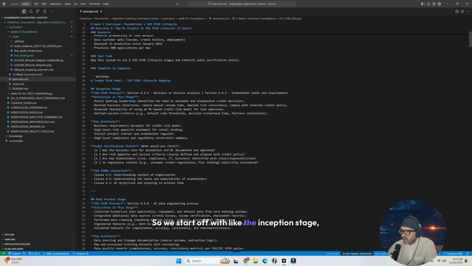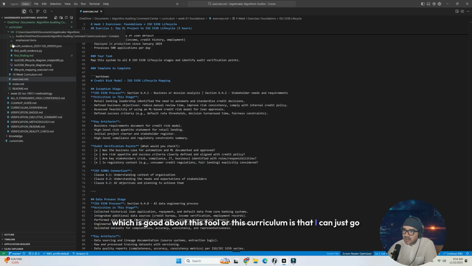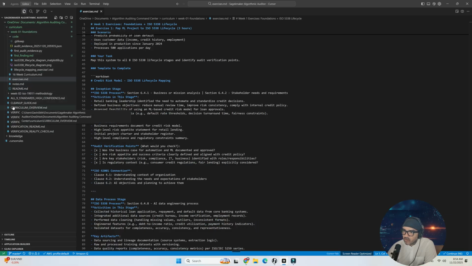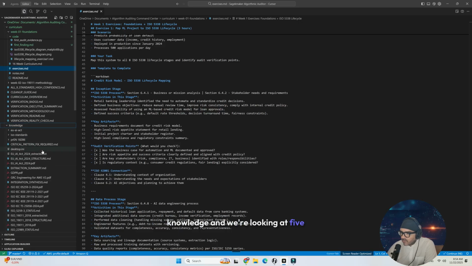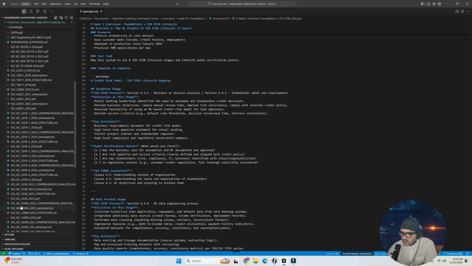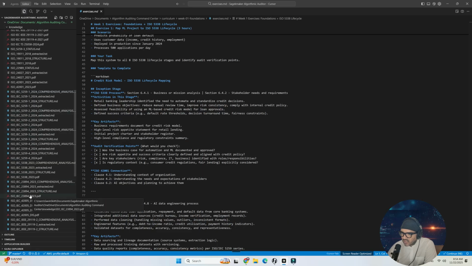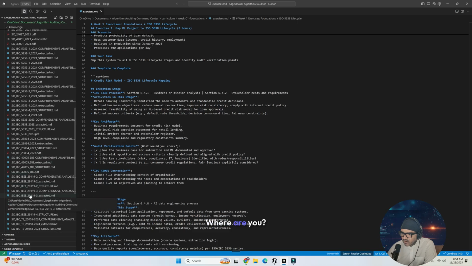So we started off with the inception stage, which is good about this tool, or this curriculum, is that I can just go to the knowledge base. And we're looking at 5. I need to organize these a bit better. You can see where we've had to update certain things. 5338, where are you?